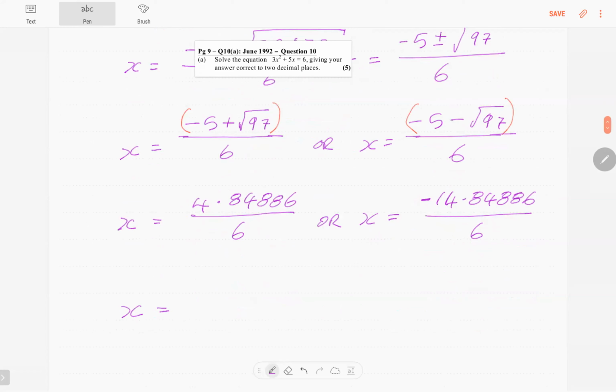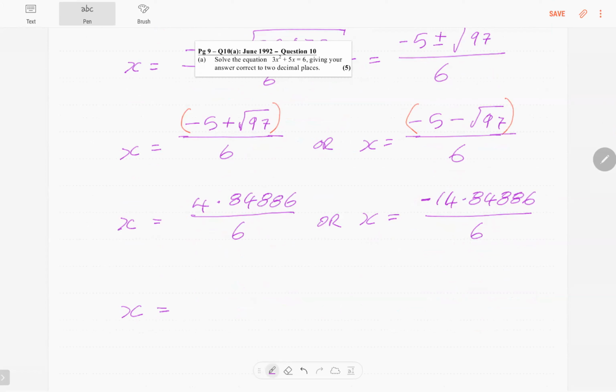So for the second one you put down -5 minus the square root of 97, which gives -14.8 something. And then I divide that by the 6. Divide each of them by 6.